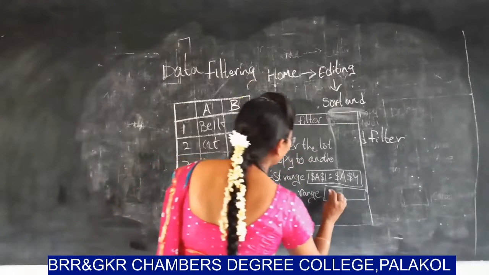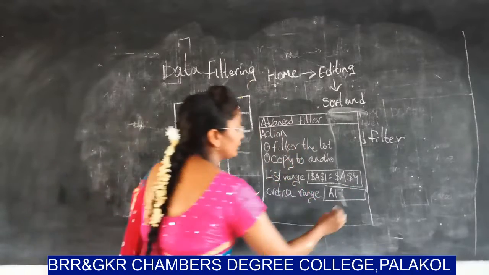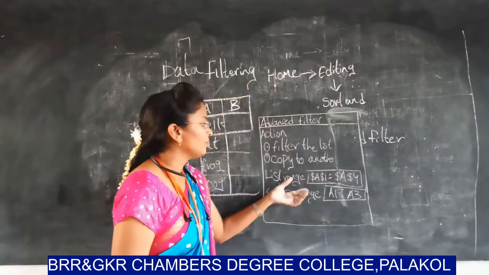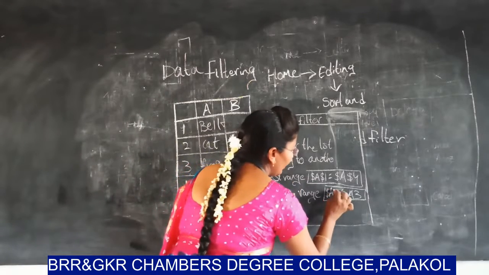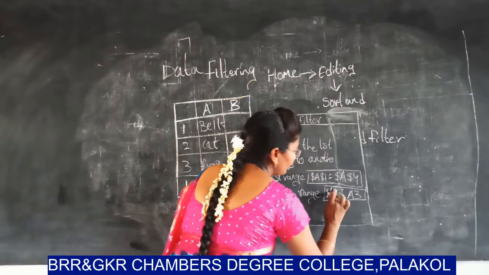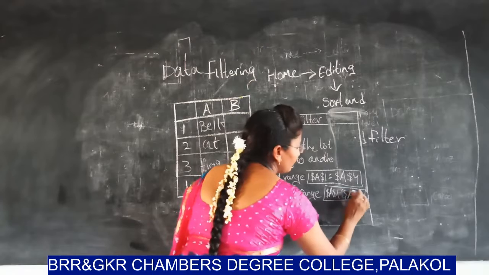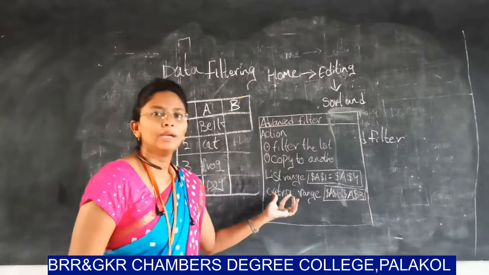That means I am taking A1 and I am typing A1 to A3. That means it automatically turned into the dollar symbol. Whatever the dollar symbol appeared here means here $A and $1 and $A, and then $3. This is the appeared here.